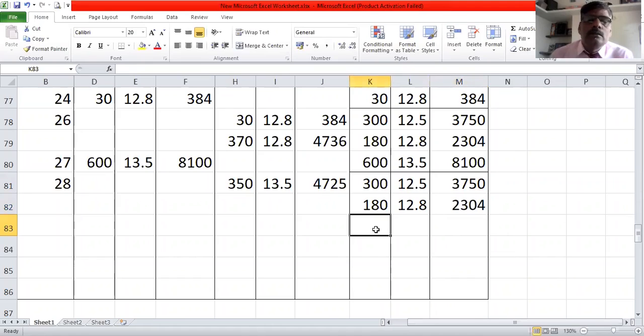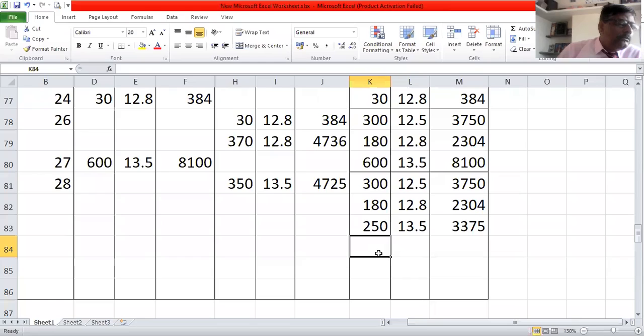Then next is out of 600, 350 issued, balance is 250 at the rate of 13.5. You calculate 250 into 13.5 is equal to 3,375. 3,375 is the balance. Okay.